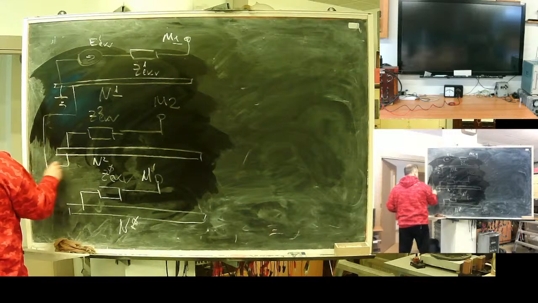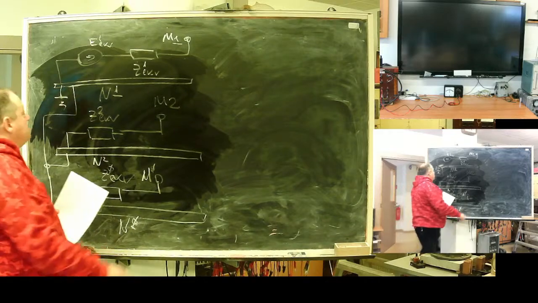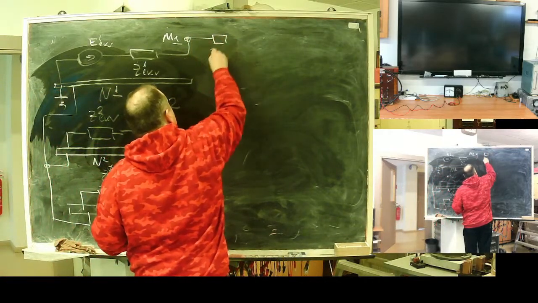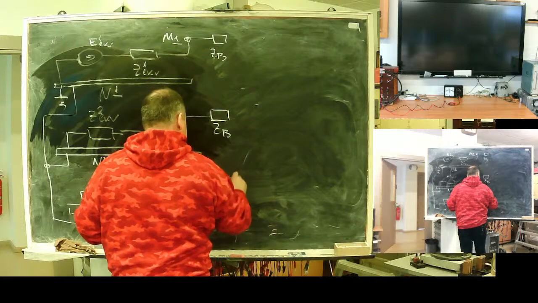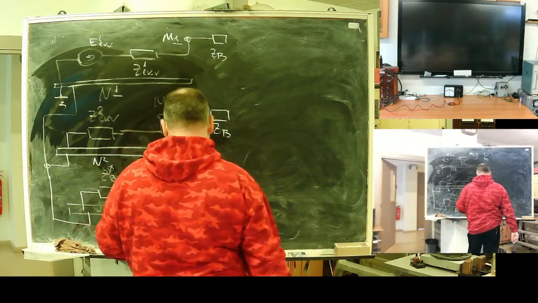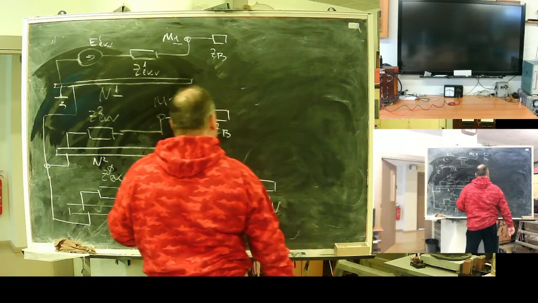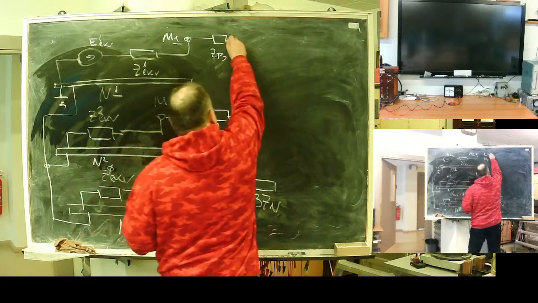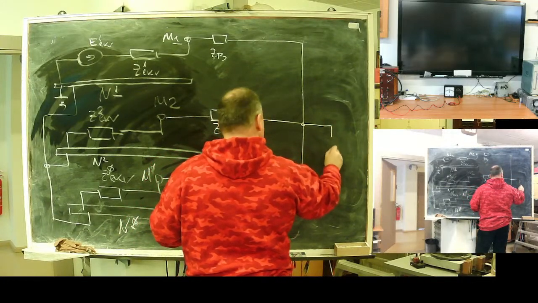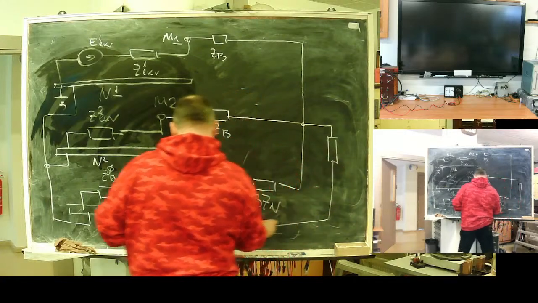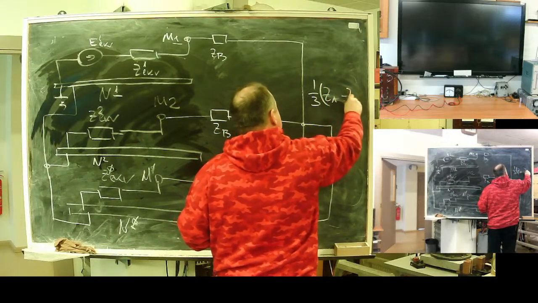This all should be connected together, and here goes B phase, again B phase equivalence, triple neutral resistance, and an equalizer, one third of ZA minus ZB.